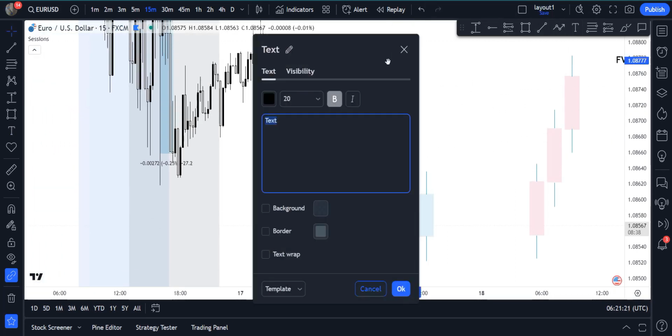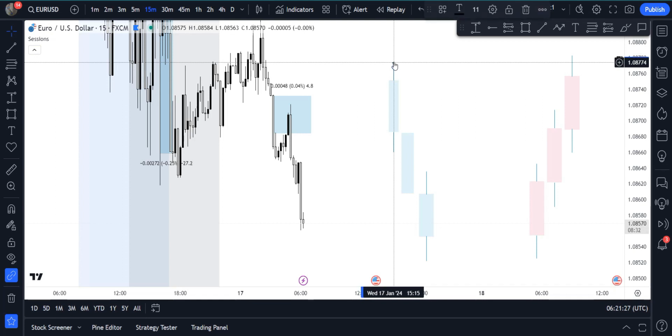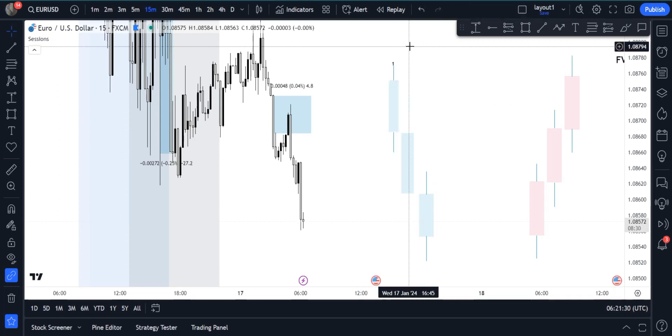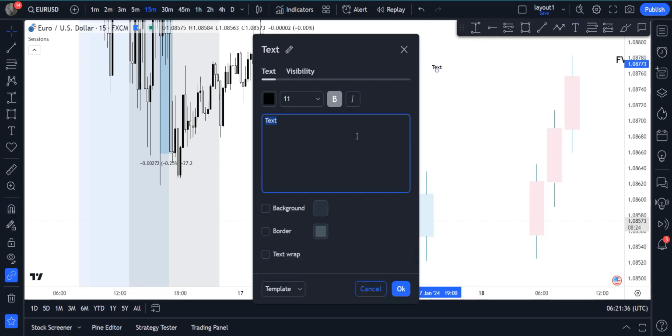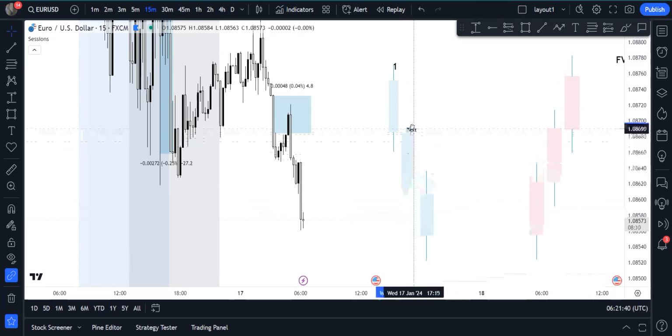The first candle is over here, one. This is our second candle over here.